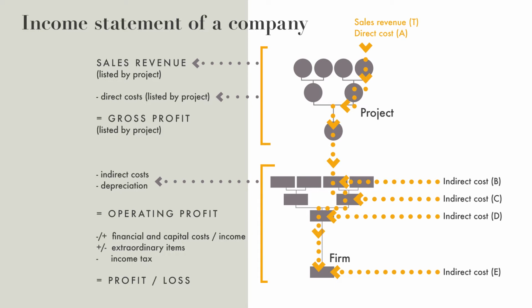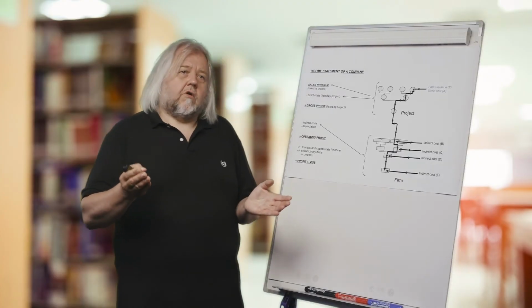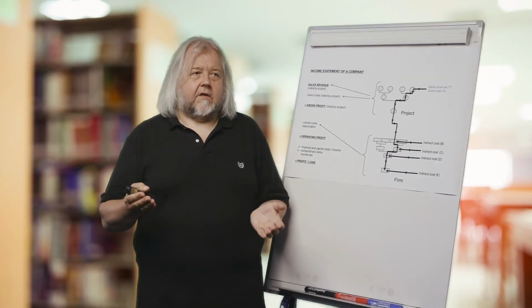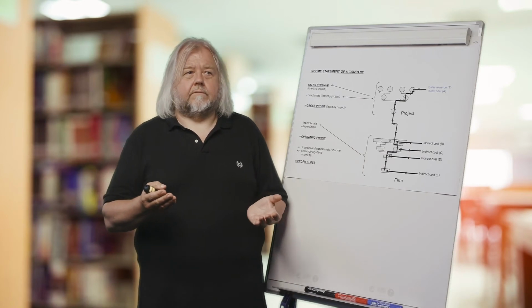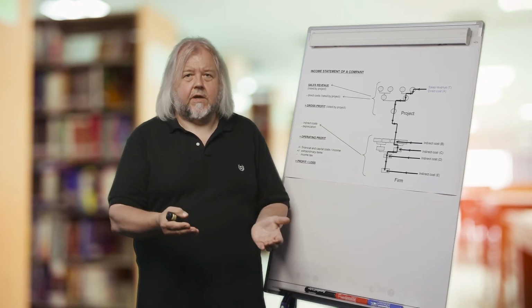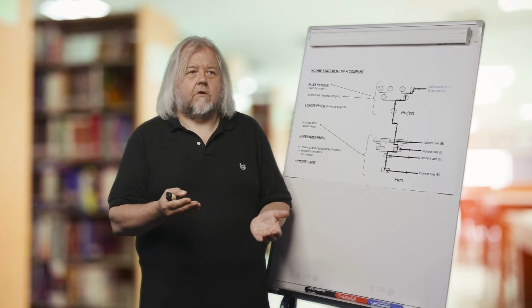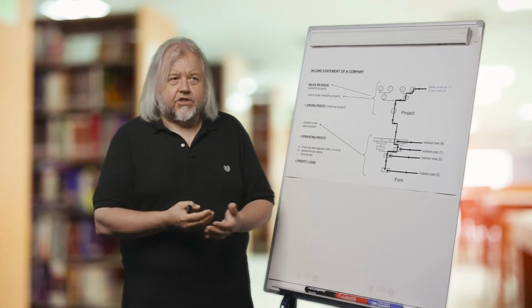So this is the external financial accounting view. In the external financial accounting, the internal transactions between the project and resource units are consolidated, and only direct costs remain in the project structures through this consolidation.